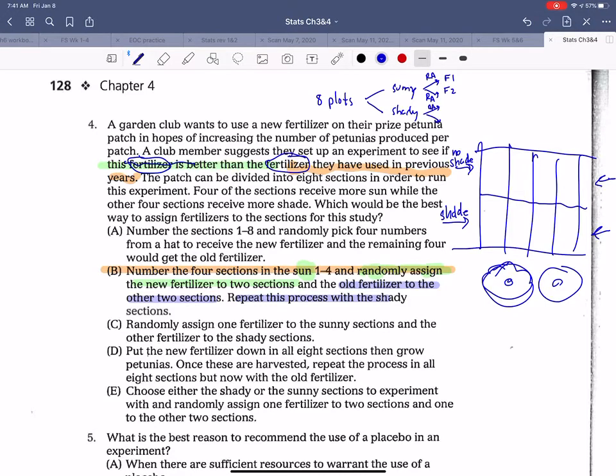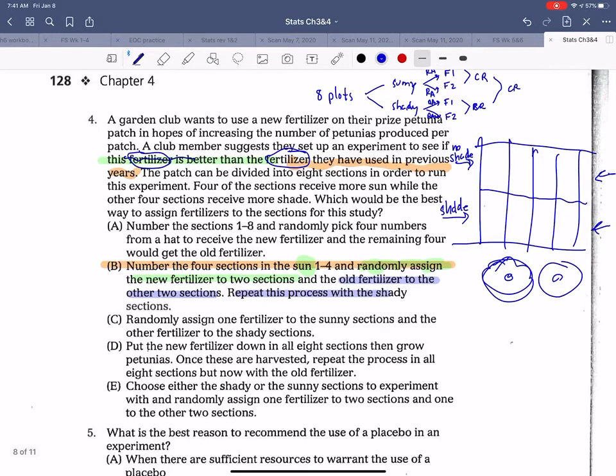And again, random assignment here, random assignment. And then randomly assign fertilizer 1 and 2 to 2 equal plots there. Then I'm going to compare results, compare results with the sunny ones, compare results with the shady ones, and compare the results from all the sections.